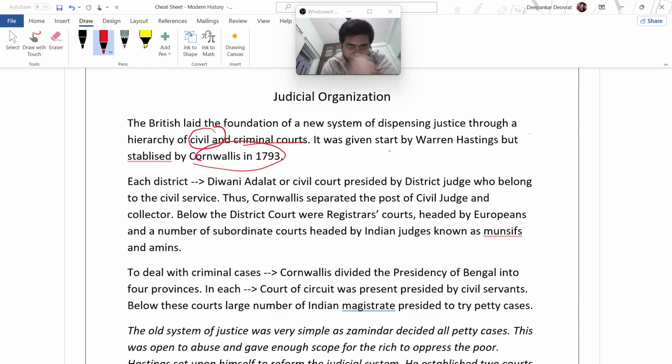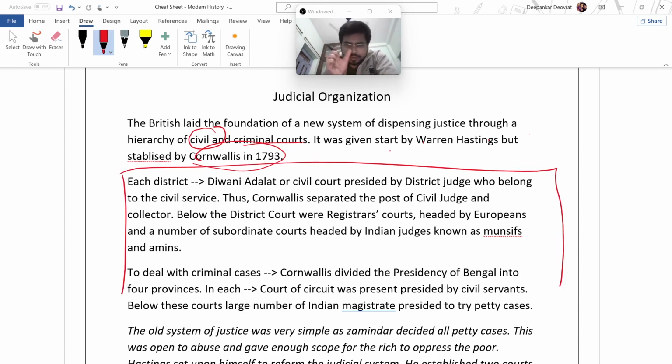Now make sure, this is a little bit more of a division part of things, how the court was divided, so you have to pay more attention here. Each district's diwani adalat or civil court was presided over by the district judge who belonged to the civil services. So each district had one civil court presided by the district judge, in Hindi called the diwani adalat.